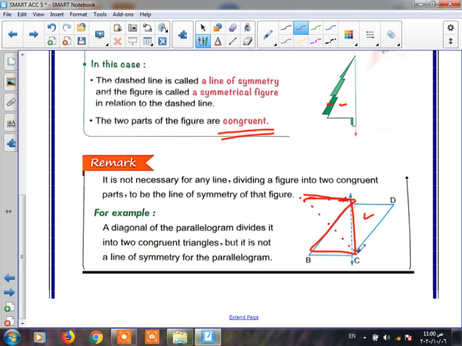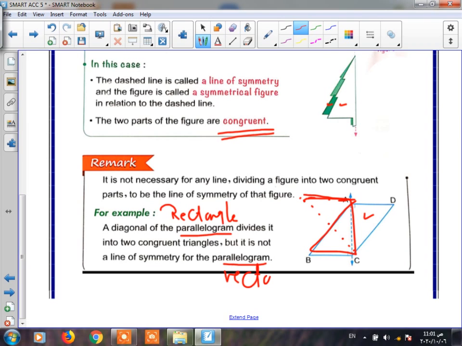We can take a rectangle as well. A diagonal of a rectangle divides it into two congruent triangles, but it's not a line of symmetry for the rectangle.